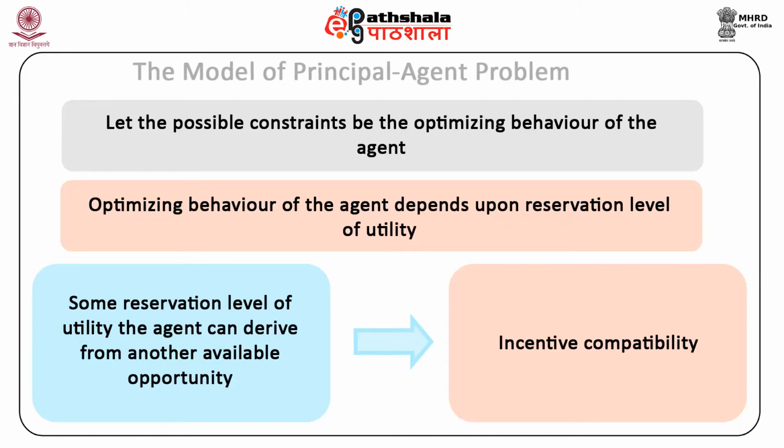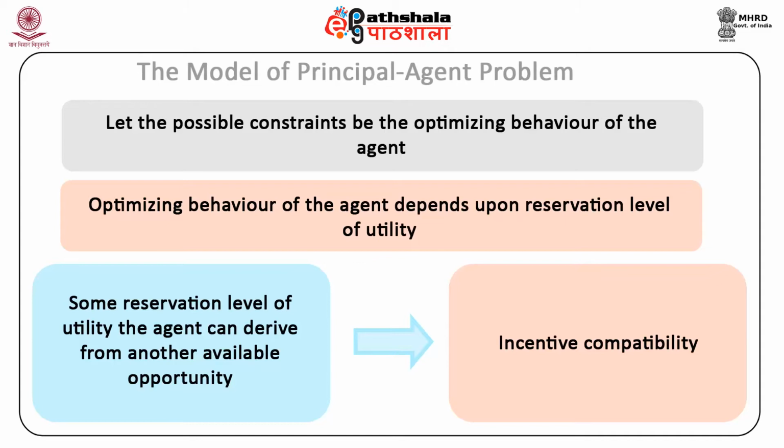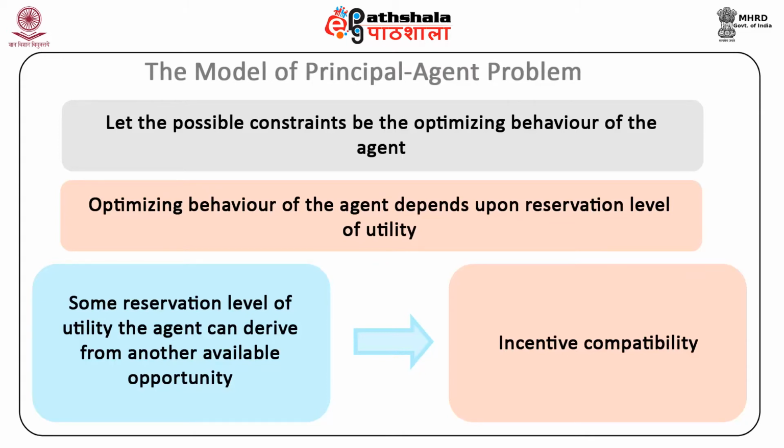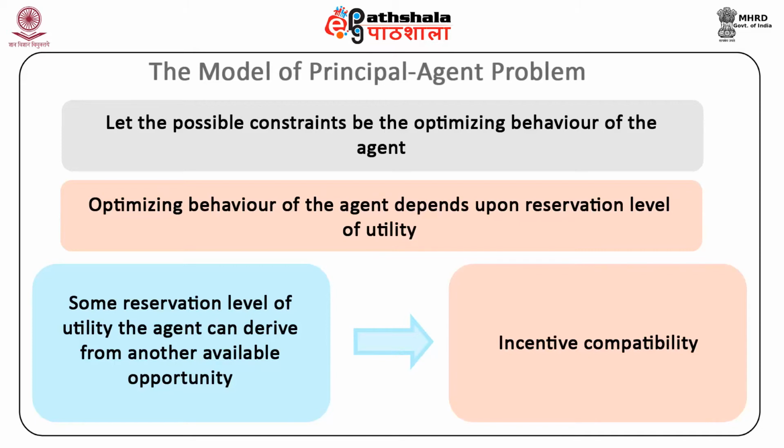Thus, in order to maximize utility, the principal faces two constraints. Firstly, some reservation level of utility the agent can derive from another available opportunity, and thus it is the responsibility of the principal to ensure that at least this reservation level the agent is paid or offered to be willing to participate. This is known to economists as the individual rationality constraint or simple participation constraint.